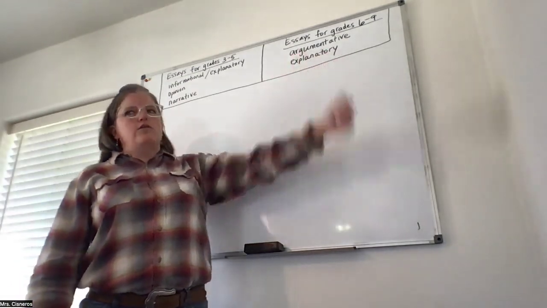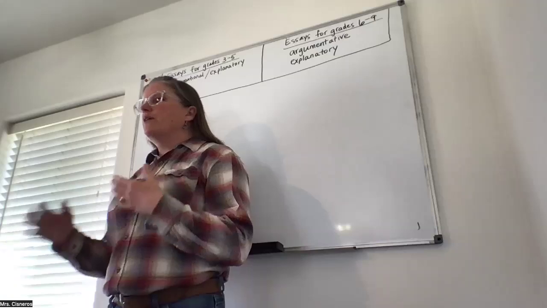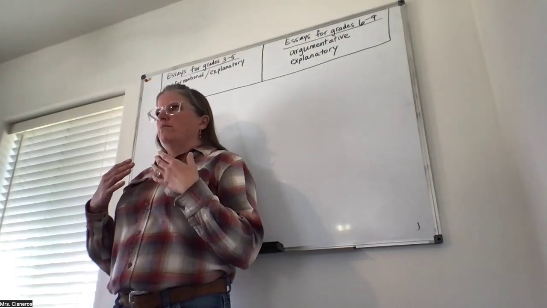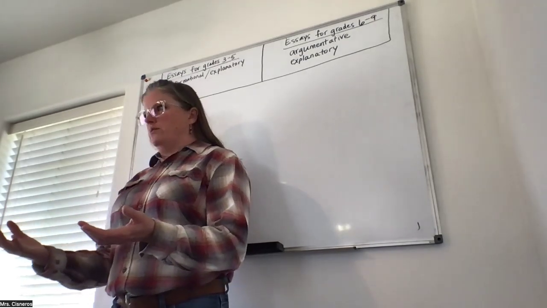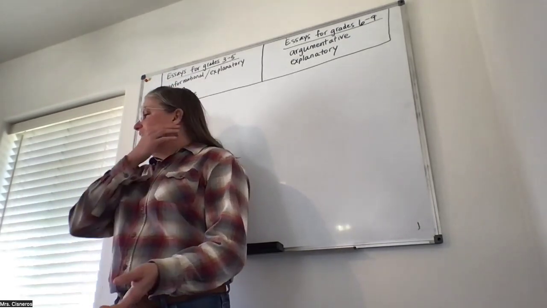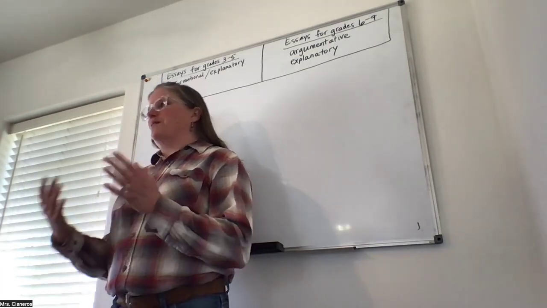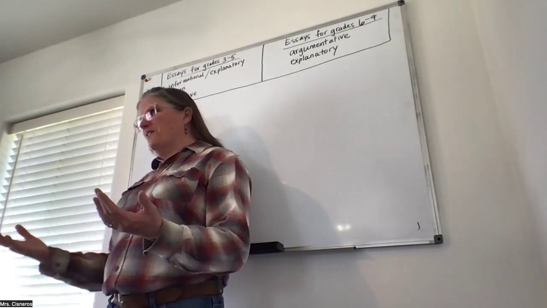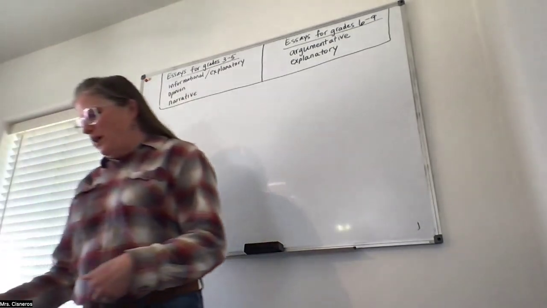The other one is argumentative, and that is when you write about, it's kind of like an opinion about something, when you're expressing what you think is best. And it's called, you hear the word argue in there, and it's basically like, if you think cats are better than dogs or dogs are better than cats, you have to explain why and convince your reader that that is the better animal to have at home, that type of thing.